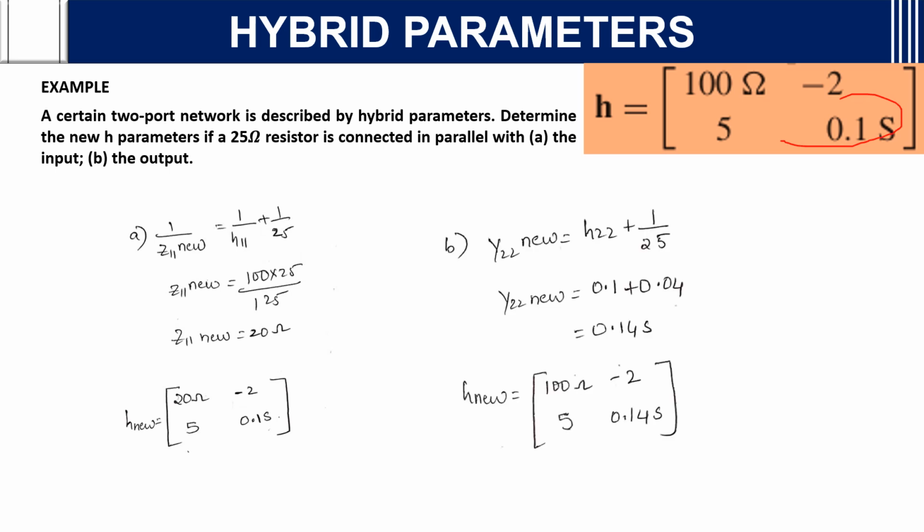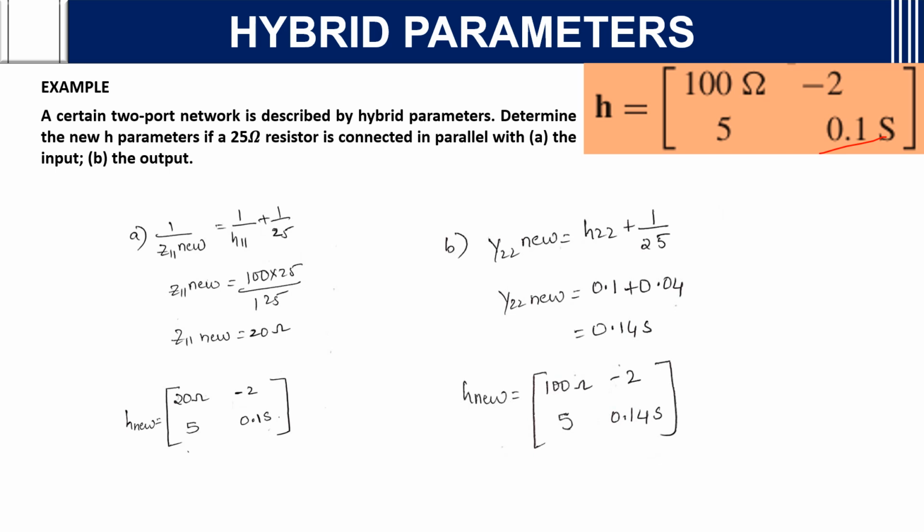You know that H22 is an admittance parameter. So for admittance, Y22 new is equal to whatever H22 is, plus 1 by 25, as it is in parallel. Here with resistance we would consider 1 by H11, but since it is admittance, you can directly consider H22 plus 1 by 25.